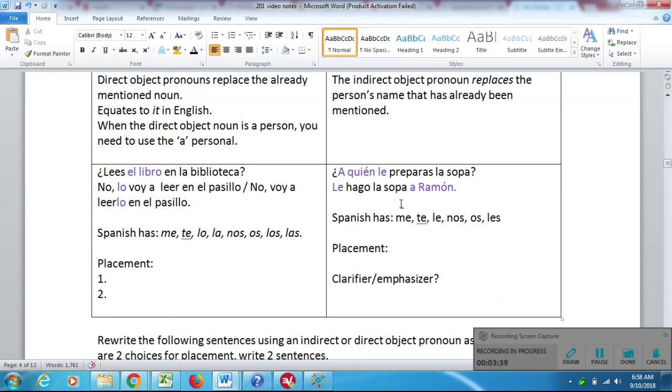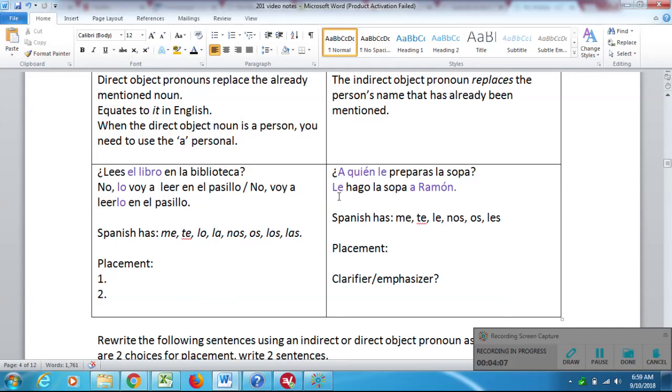All right? So how did we get le? Well, because our choices are me, te, le, nos, os, and les, we see we're talking about a quién. Quién is going to not work with me, not work with te, not os or les, because those are plural. So we know it's got to be le. Also, Ramón would work kind of as él.